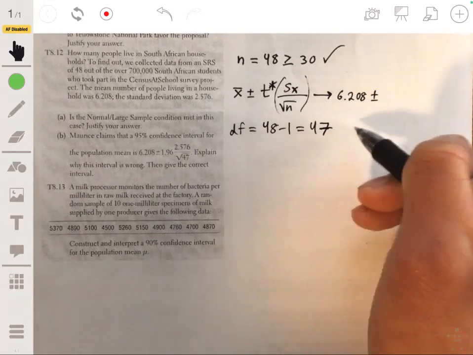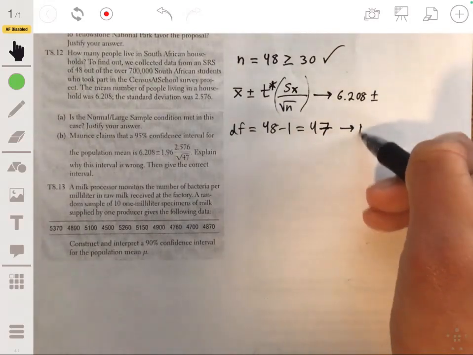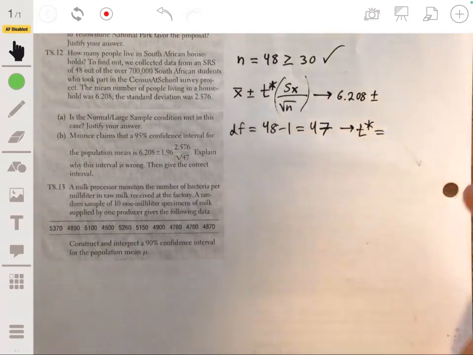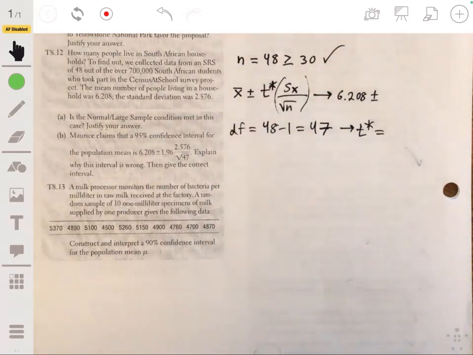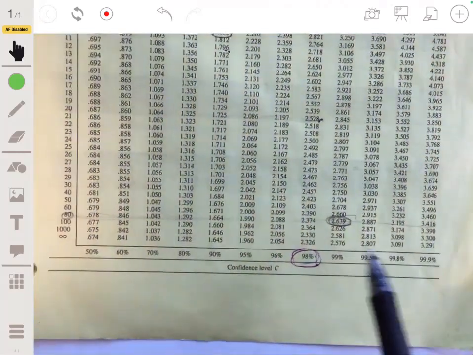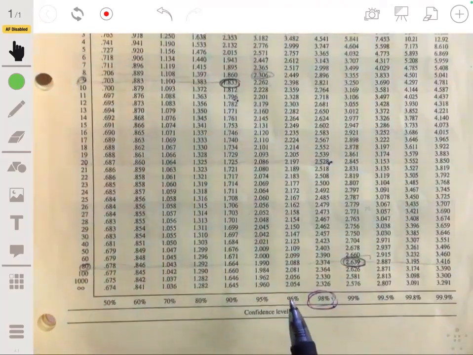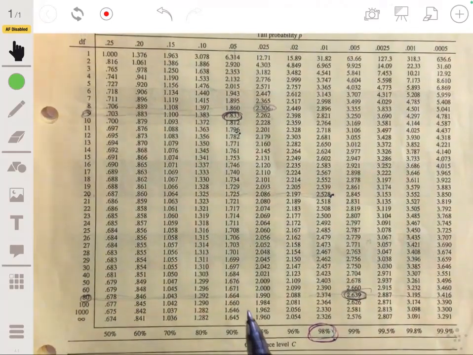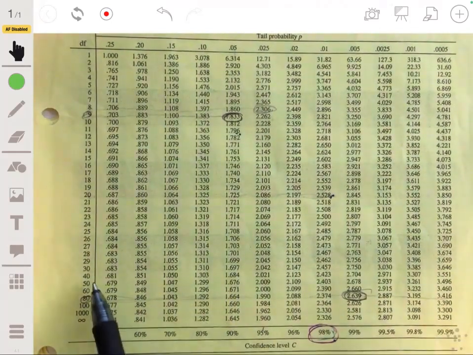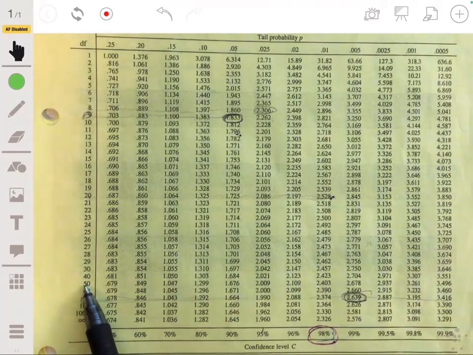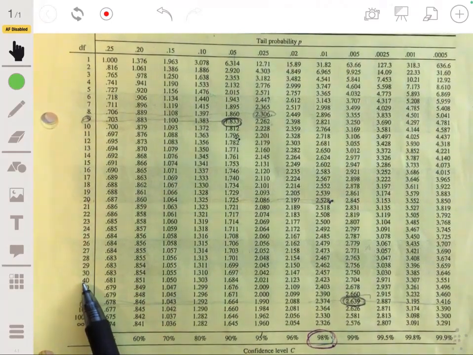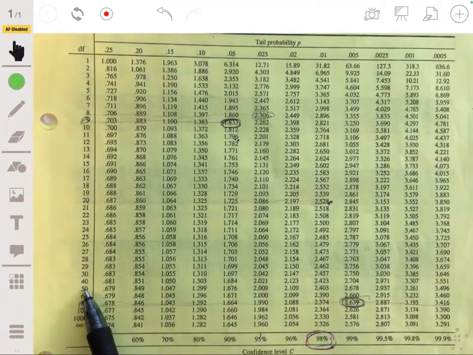Whoops, 47. And that means our T star would be found by looking at our table B, the 95% confidence interval. So let's look over table B, 95% confidence interval, 47. Now, we're going to have to pick 40 for degrees of freedom since 47 is not on here.